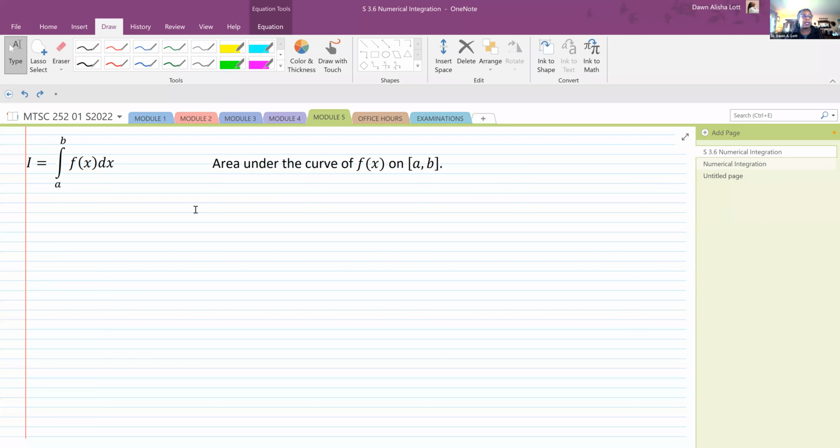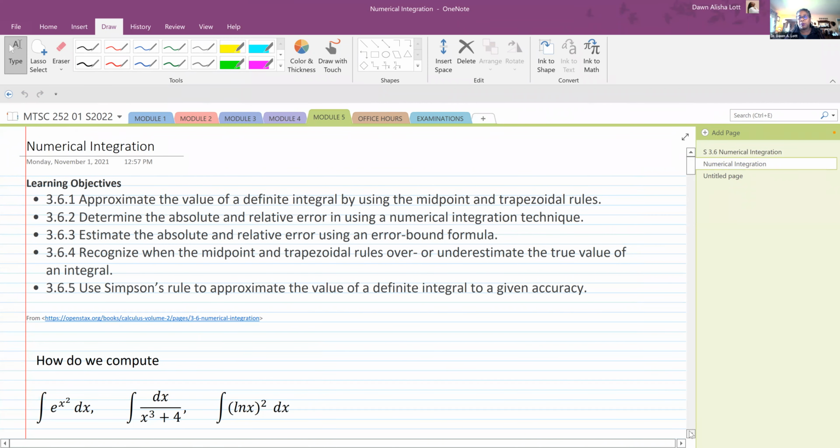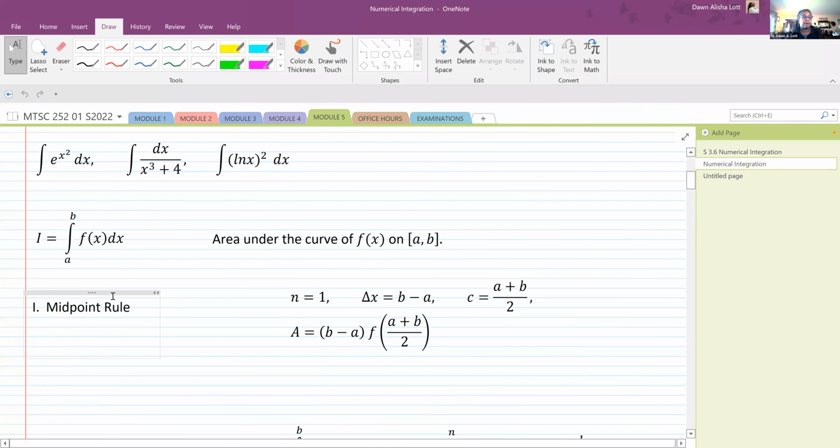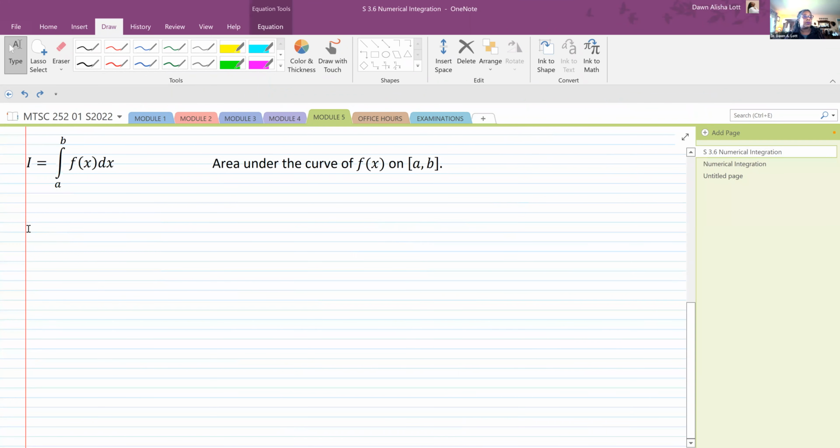Okay, so the first method we're going to learn is the midpoint rule, and I am going to do the midpoint rule starting with n equals 1, and then we'll move forward with other values.